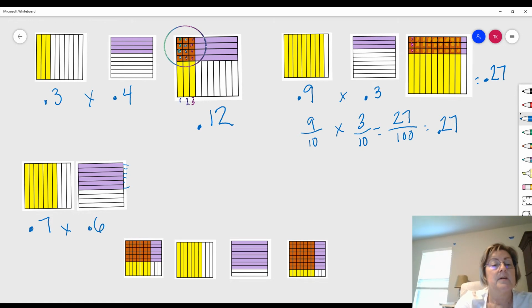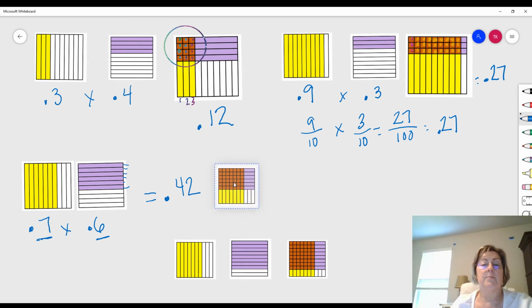Okay, so we know our answer is going to have 2 decimal places. I have 1 place after the decimal point in this number and another place after the decimal point in my second number. So that means I have to have 2 decimal places in my answer. 6 times 7 is 42. And my 2 decimal places gives me 42 hundredths.